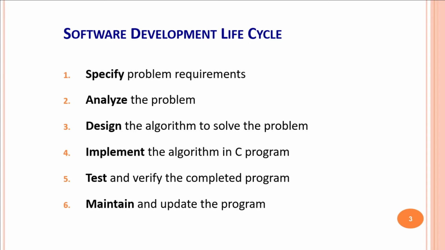Time and again you must have observed that Facebook, WhatsApp, or your Android operating system as a program suggests updates. Those updates are part of the maintenance of that software. So in the software development life cycle, we have specifying the problem, analyzing the problem, designing the algorithm, implementing the algorithm, testing the program, and then maintaining and updating the program.